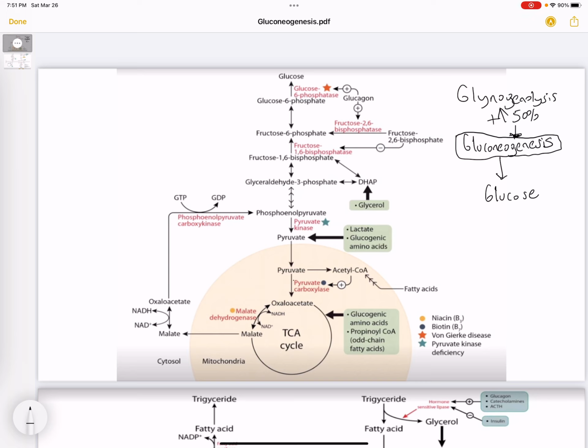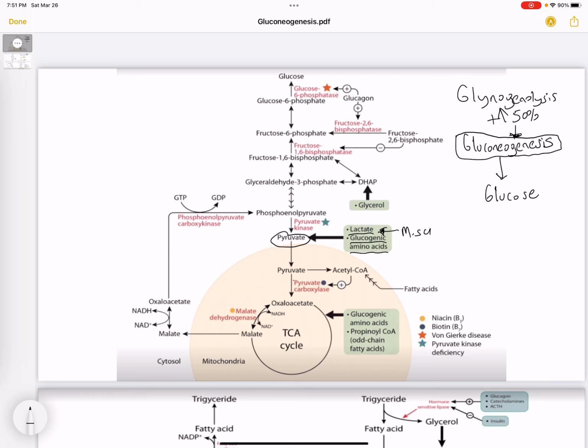So at the end of glycolysis, pyruvate is produced, and as you can see here, pyruvate can also be generated through lactate as well as glucogenic amino acids. One of the other functions of gluconeogenesis is to make sure that lactate does not build up.